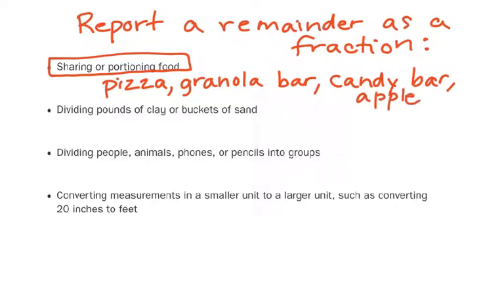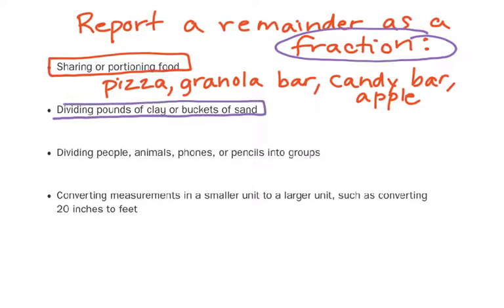Those are all things that I could report as a fraction. I can divide an apple in half or in thirds. I can divide a granola bar into fifths. So if you're sharing or portioning food, I want you to write that remainder as a fraction. Let's say you're dividing pounds of clay or buckets of sand. Can you divide a bucket of sand in half or into a third or a fourth? Absolutely. So that is another time you would report the remainder as a fraction.